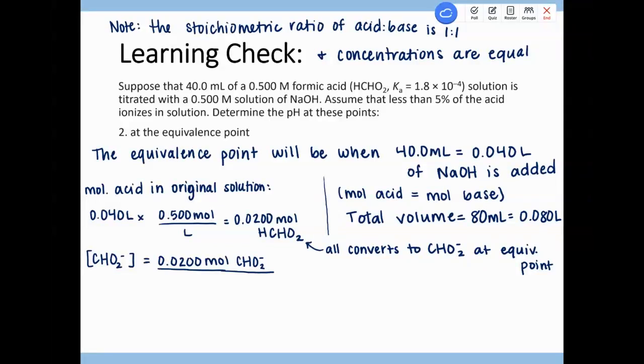Okay, so all of the 0.02 moles of the acid converted to the conjugate base at the equivalence point. So we know the moles of conjugate base present. Now we divide by total volume. At the equivalence point, the total volume is the 0.08 liters.